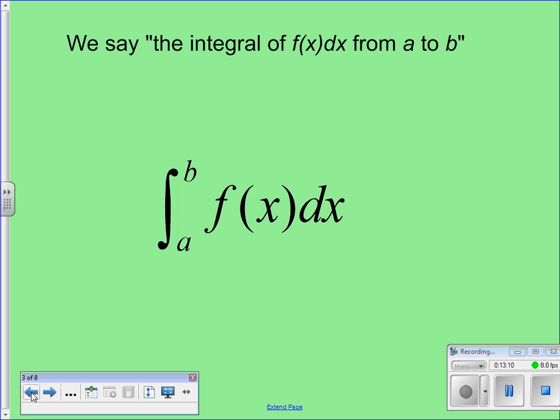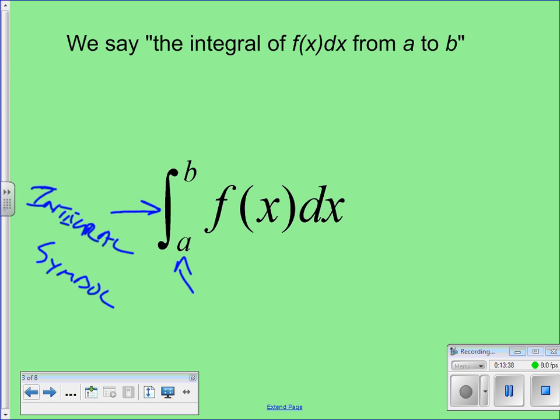Okay? This is the integral symbol. When we take the integral, you use the integral symbol. It looks kind of like a little clef note kind of thing, right? It's not quite exactly that, but that's what it looks like.